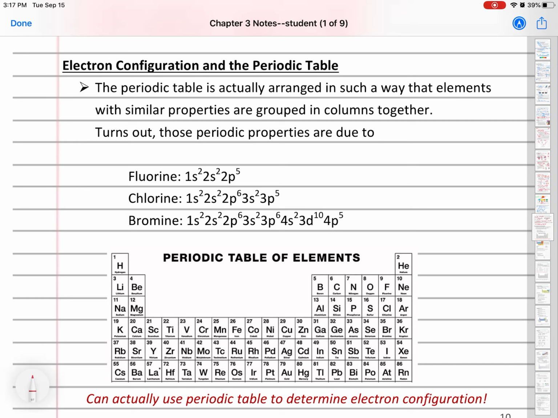And that's because the periodic table is actually arranged in a very specific way. It's got that weird shape, but it has that weird shape because it's actually organized by electron structure.